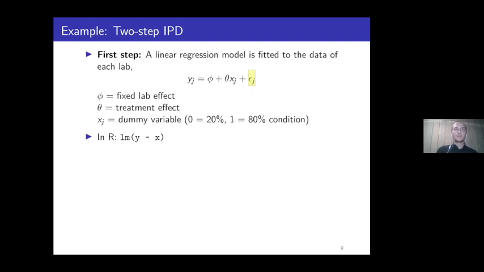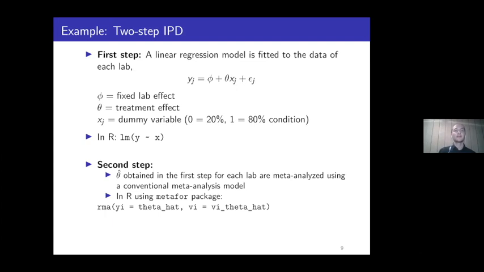This linear regression model needs to be fitted to each lab, and we can do this in R with the lm function. We do this for each lab. Then, in the second step, we extract the estimated treatment effect, the theta hat, from the output of R. And then we meta-analyze these with a conventional meta-analysis model.